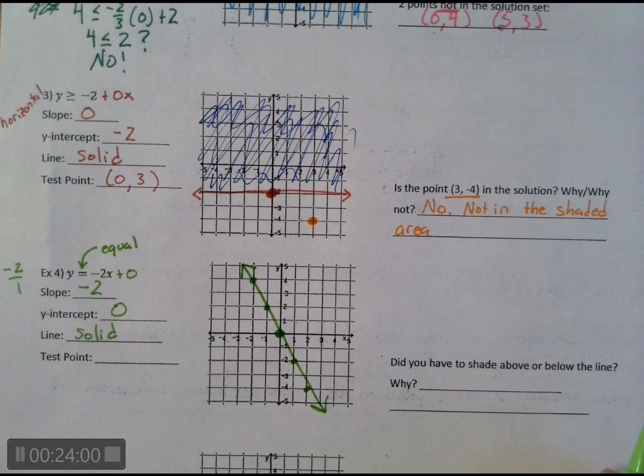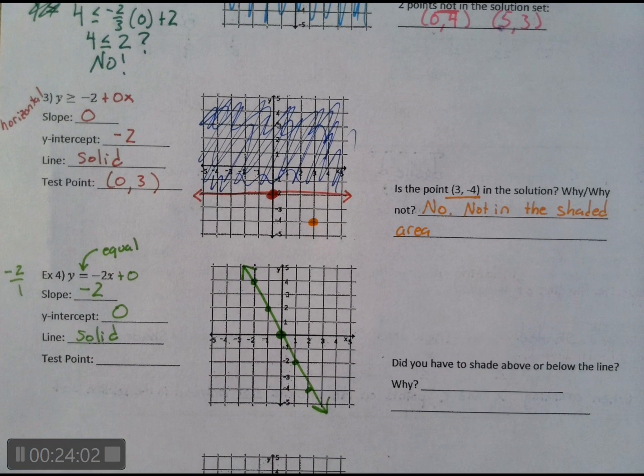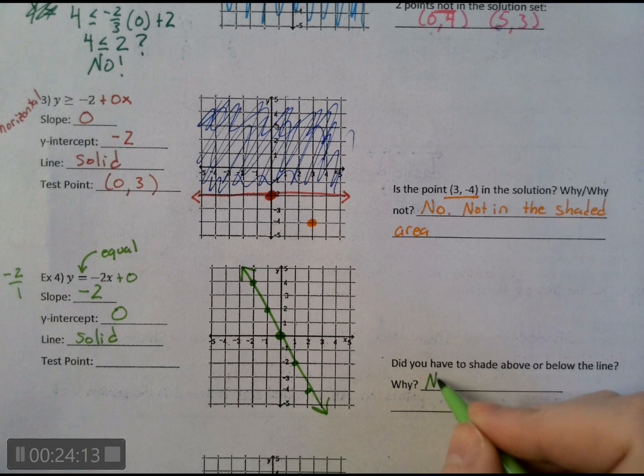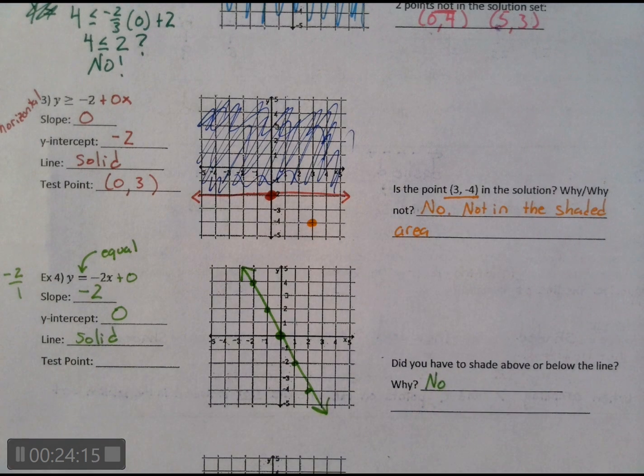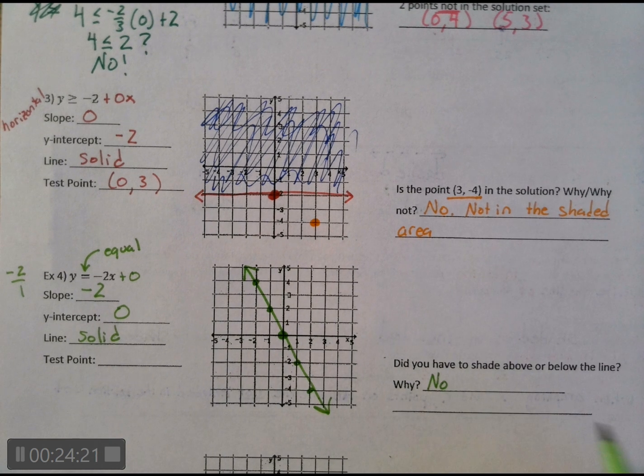All right, now we're going to go ahead and go over to our question. Did you have to shade above or below the line? Do you have to? No, you don't. Why? Because our equation is not an inequality.